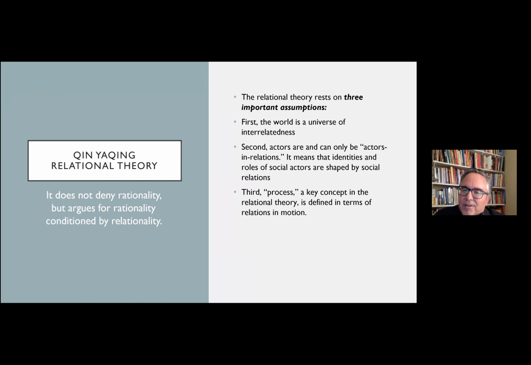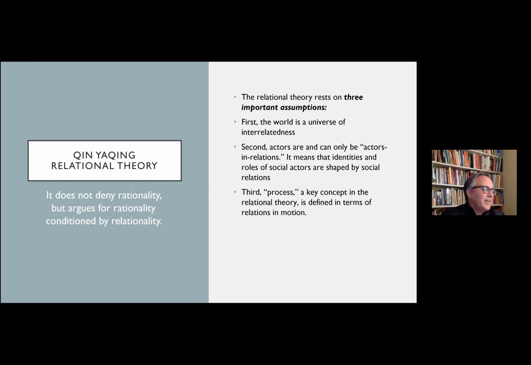It's a theory that really can be used to explain many things in the academic world at this time. So his relational theory, number one, is the world is interrelated.